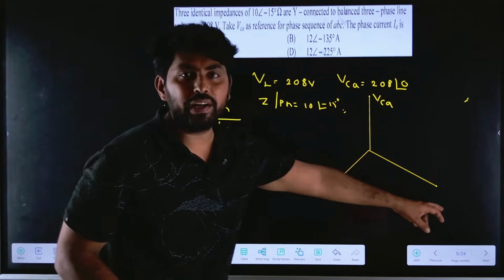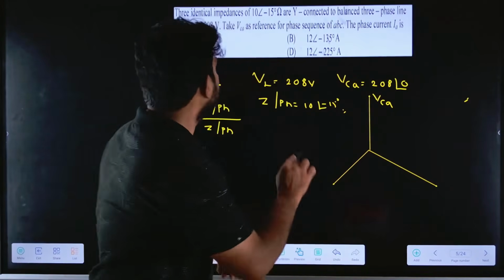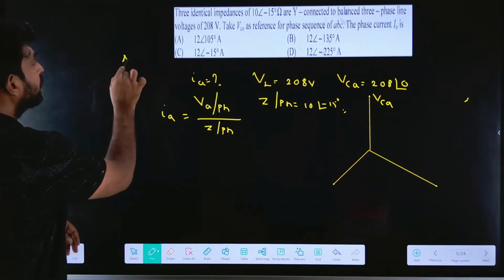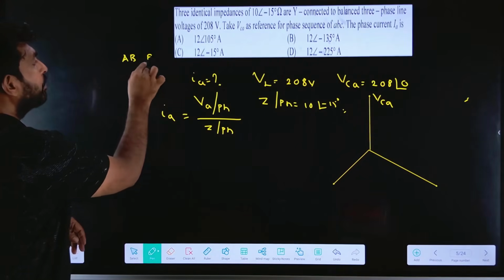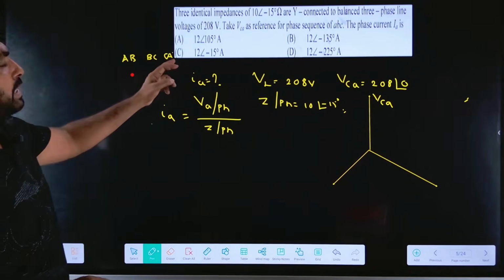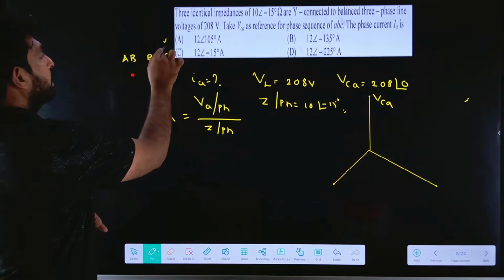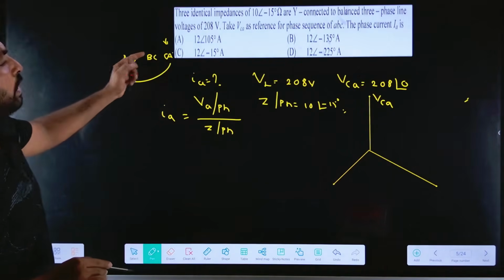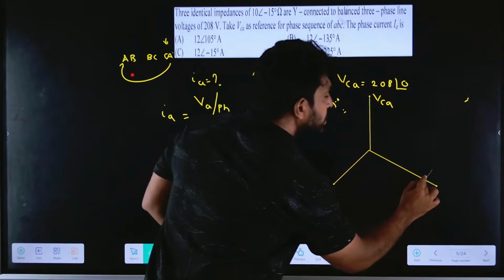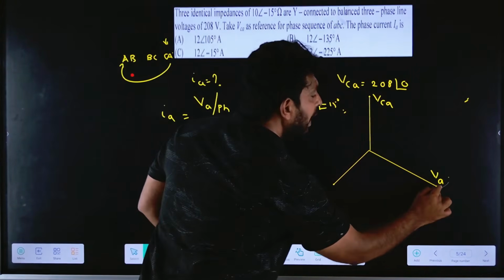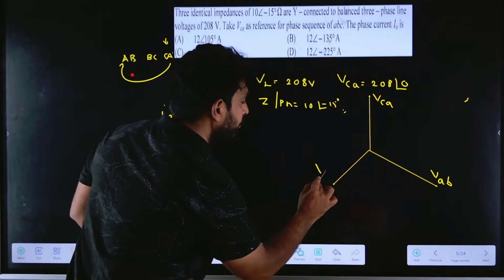How should the line voltages be? AB, BC and CA. Now we take this one as the reference. In which order will it be? CA, AB and BC. So it is VAB and it is VBC.